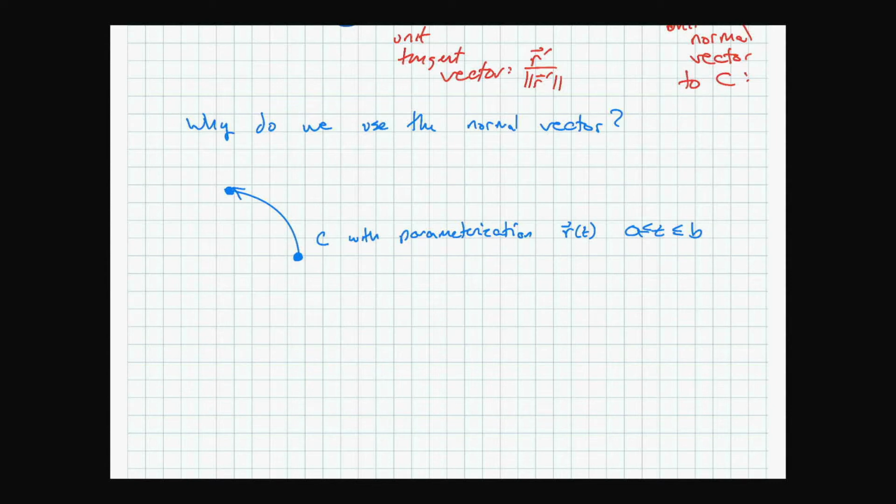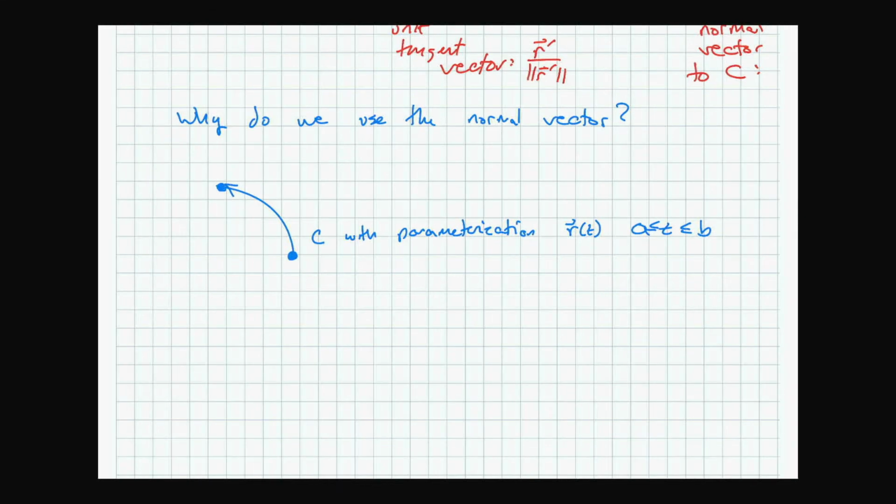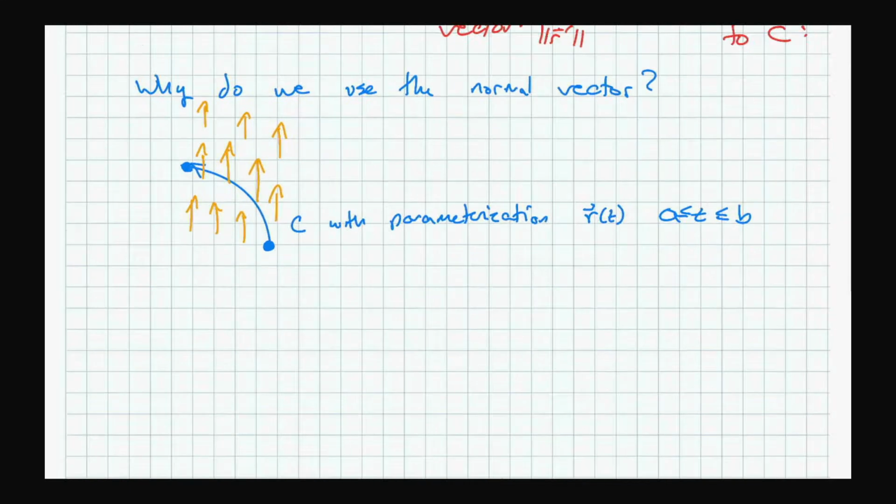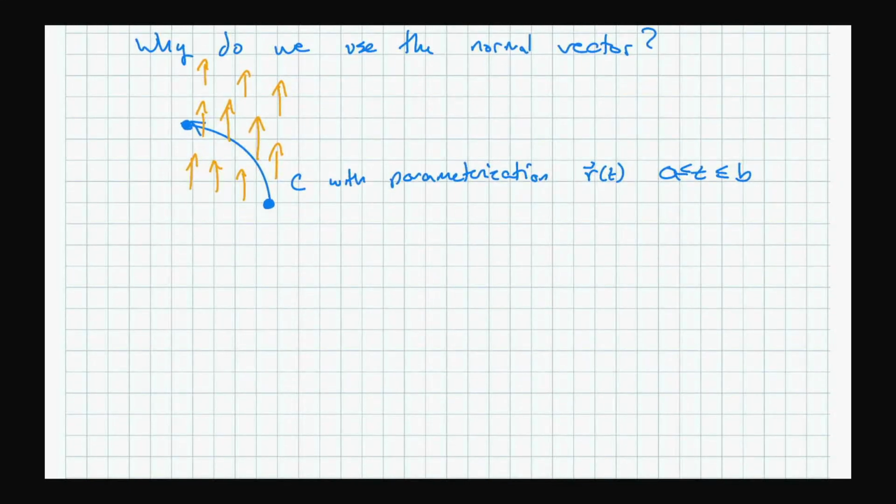All right, so let's say you have the C like that, and then you've got this. Let's say that our F could look any way, but let's say it's just going straight up for sake of argument here. So how much actually ends up going through that curve is related to the normal to the curve.